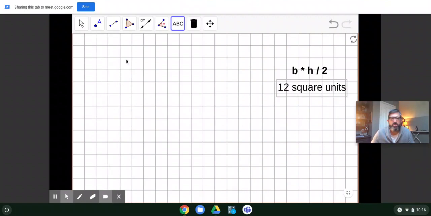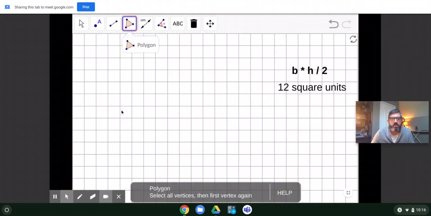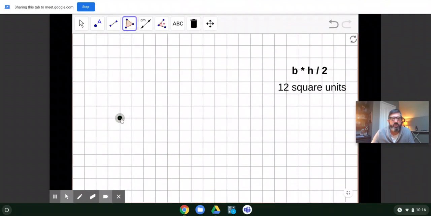Say we want a triangle with a base of 8 units. What do we need to make that an area of 24? Well, what is 24 divided by 8? That would be 3. So we need a height of 3 units.